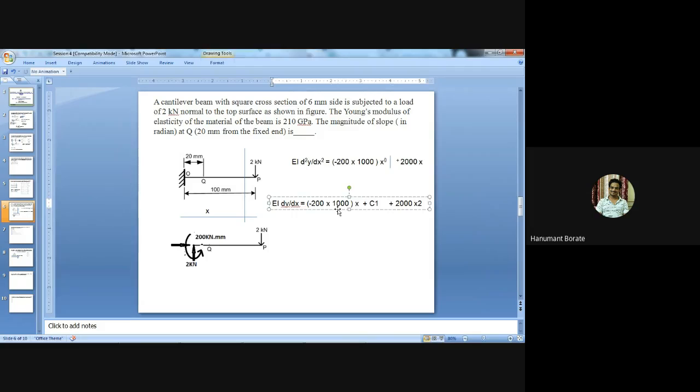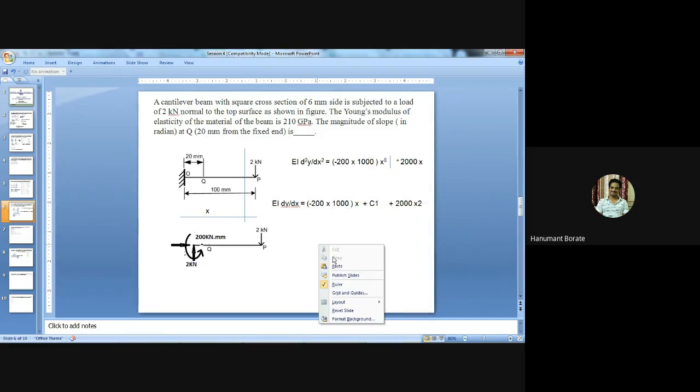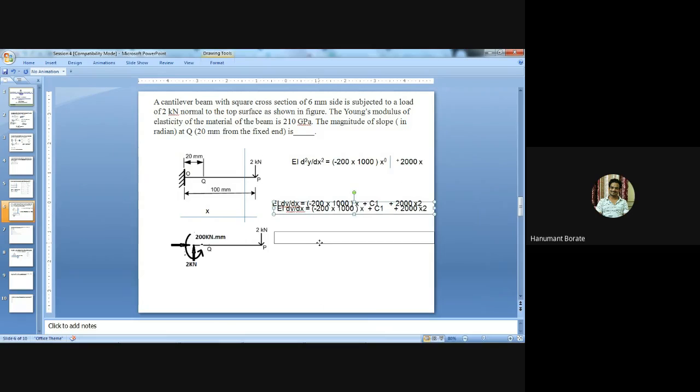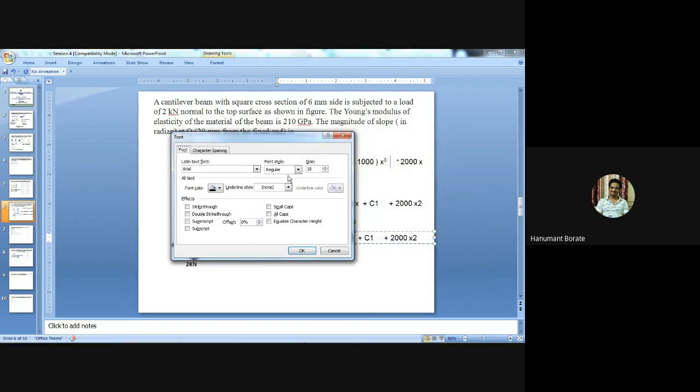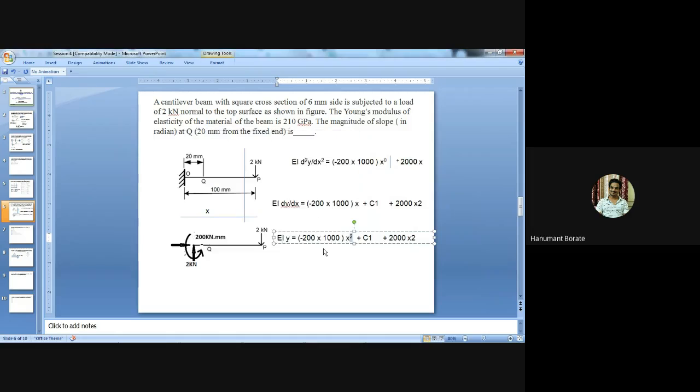Once again integrate this equation to get the deflection equation. Integration with respect to x, EI. Now here we'll get EI y, since integration of dy by dx equals y. Now here 200 x square divided by 2, this is 2 factorial.